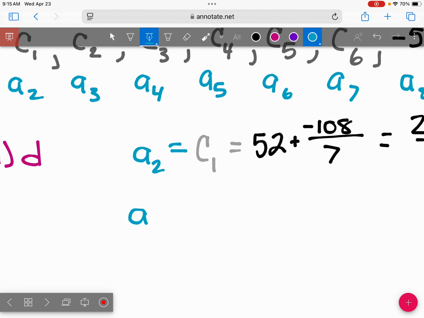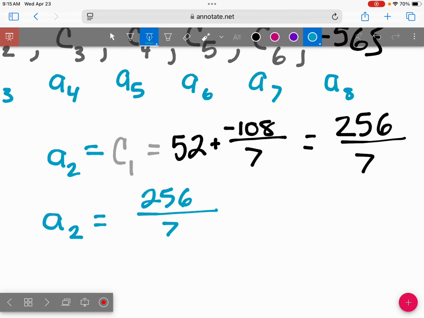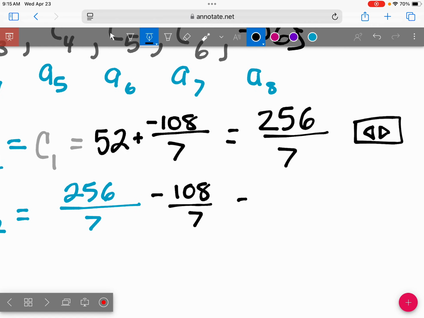Then we can find our next ones just by adding them together. So we have our 256 over 7 plus our common difference of negative 108 over 7, or minus 108 over 7. I've got 148. Somebody double check it, because it's entirely possible I made a mistake.